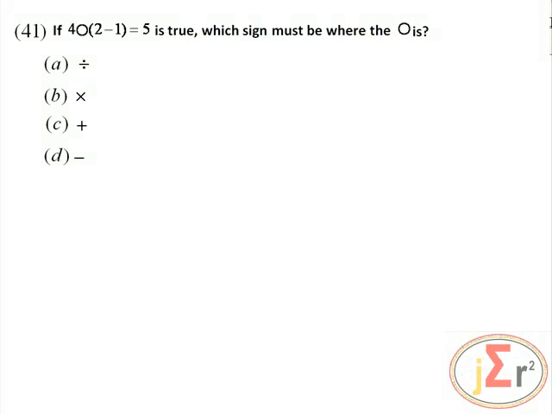If the expression that we have there is true, which sign must be where the little circle is? So we have, let us call it like this, little circle, open brackets, 2 minus 1, close brackets, equals 5.